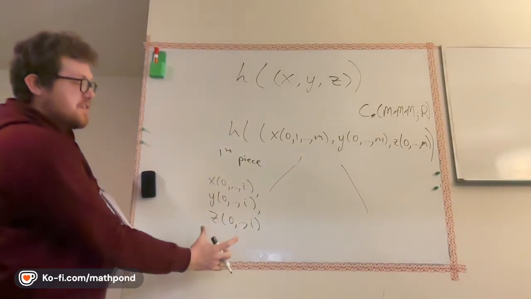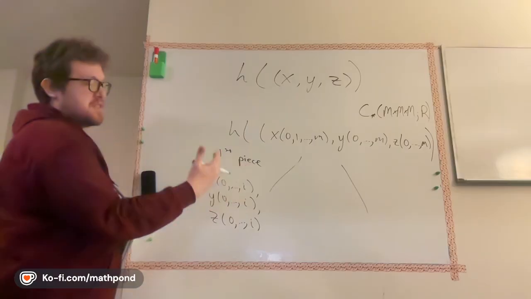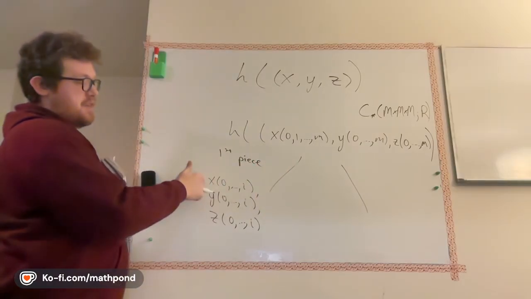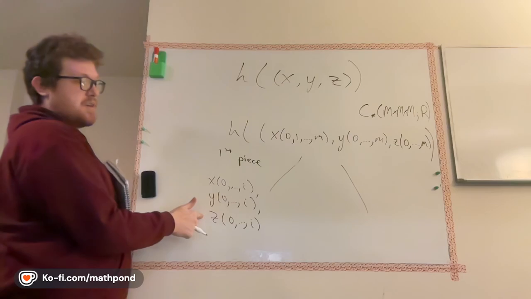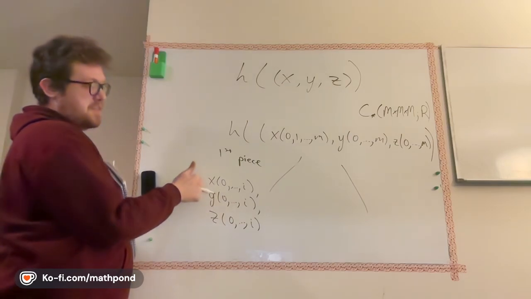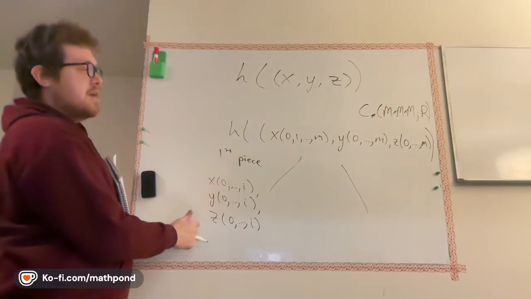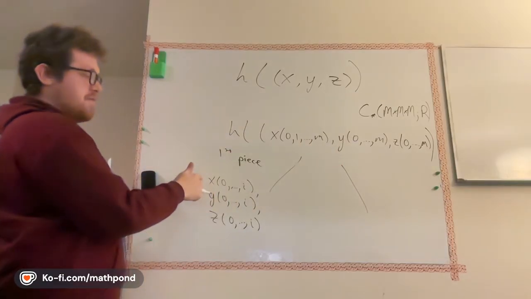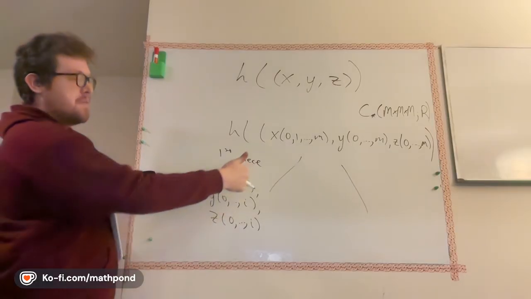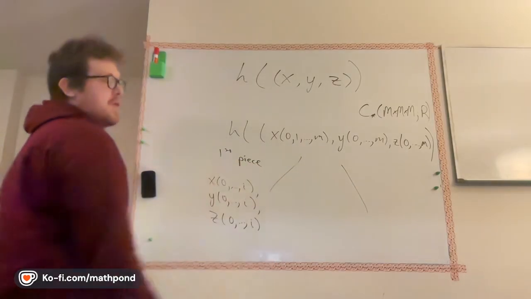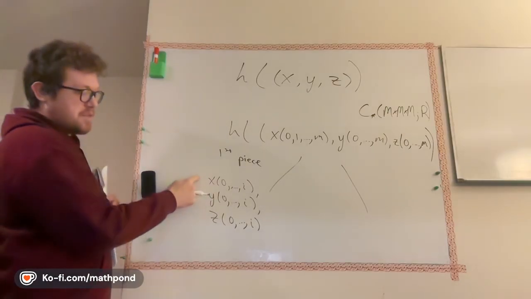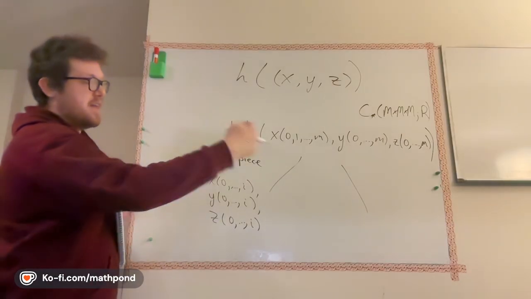So the first piece is the first ith simplex in the Cartesian product, the first ith simplex of each one. And then the second piece is from I to m for all of x, y, and z. And then you apply the Alexander-Whitney map to that.